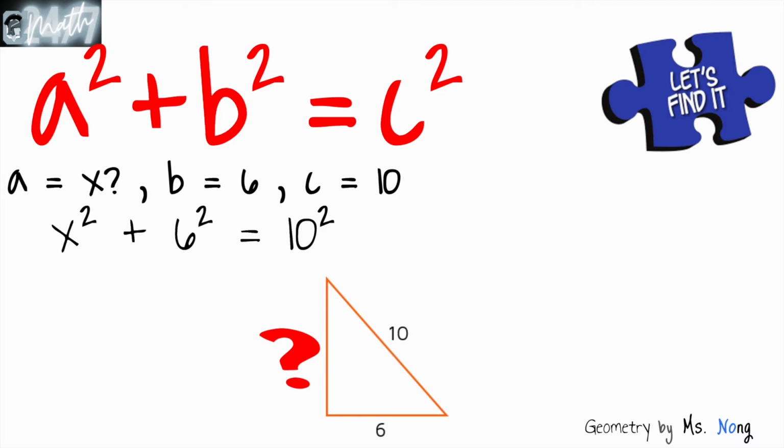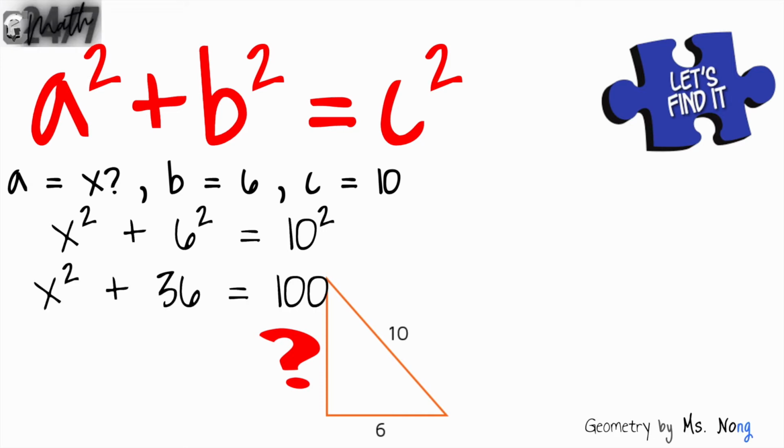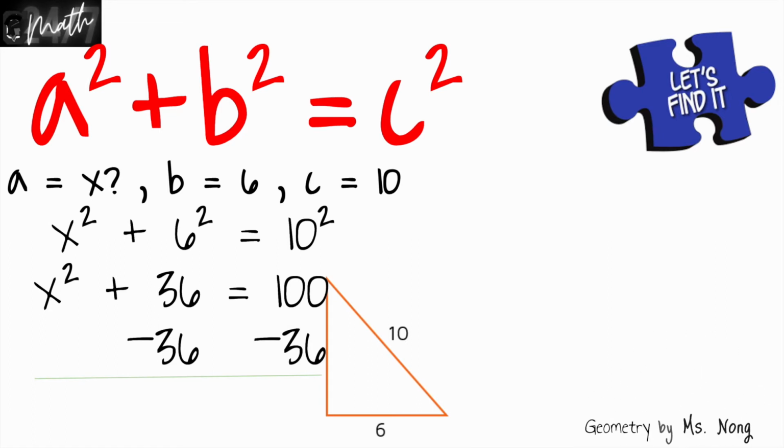And now we're going to simplify the exponents. So x squared stays the same. 6 squared becomes 36 because that's 6 times 6. 10 squared becomes 100. And then I subtract 36 from both sides to isolate x and solve for x. I get x squared equals 64. And now I'm almost done, but I'm not done yet. So be careful here.